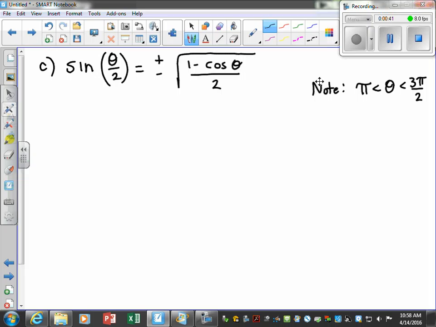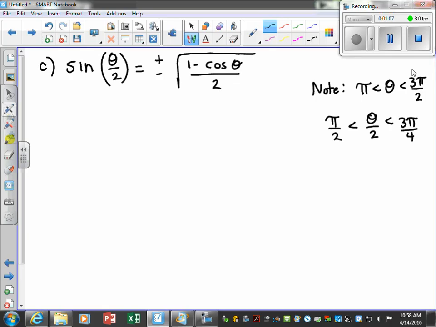Now I'm working with a half angle, so if I divide each of these by 2, then we would have pi over 2, theta over 2, and remember dividing by 2 is the same thing as multiplying by 1/2. Be careful there. 3 pi over 4.